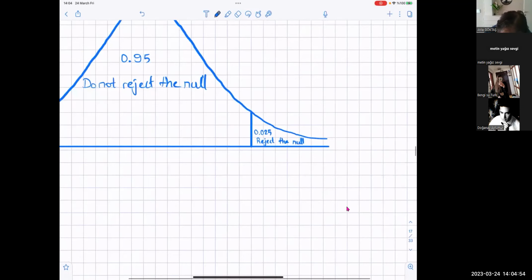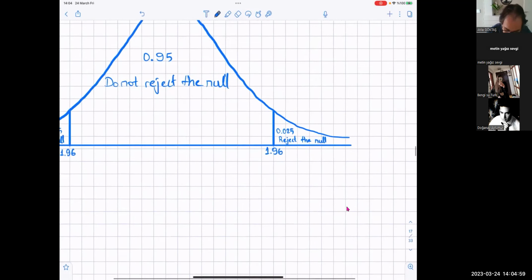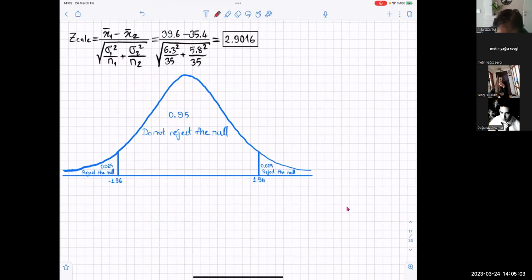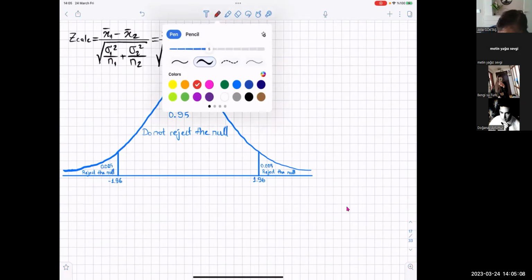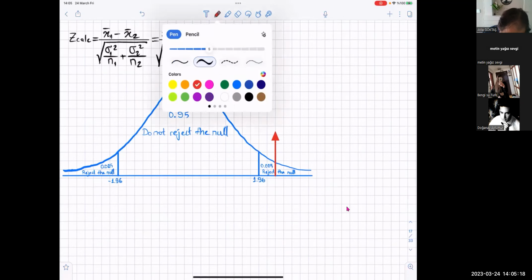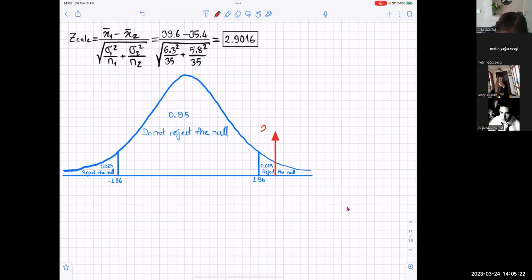Okay, this is also here. I also have 1.96 on the right side, and the calculated statistic is simply falling within this part, right here. The calculated statistic is 2.9016.